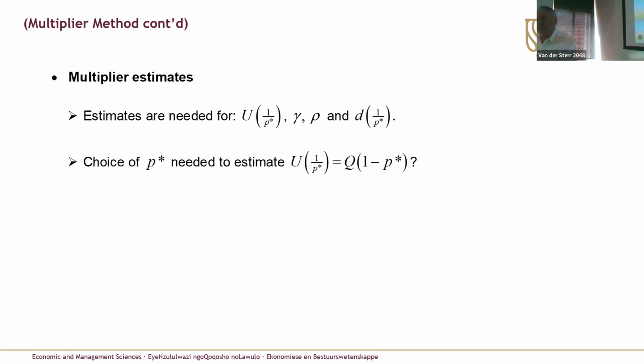D is an auxiliary function from the second order, but we need it only at a single point, so we don't have to estimate the whole function. We can just consider this as a parameter. And then the one thing we need is this. That's now our quantile that we want to estimate, but more into the data. So this is what the main estimate then is.